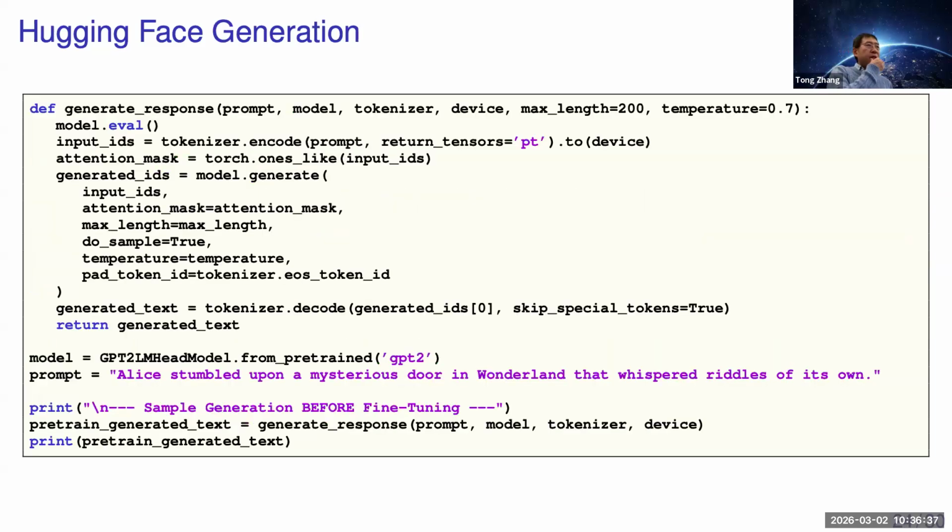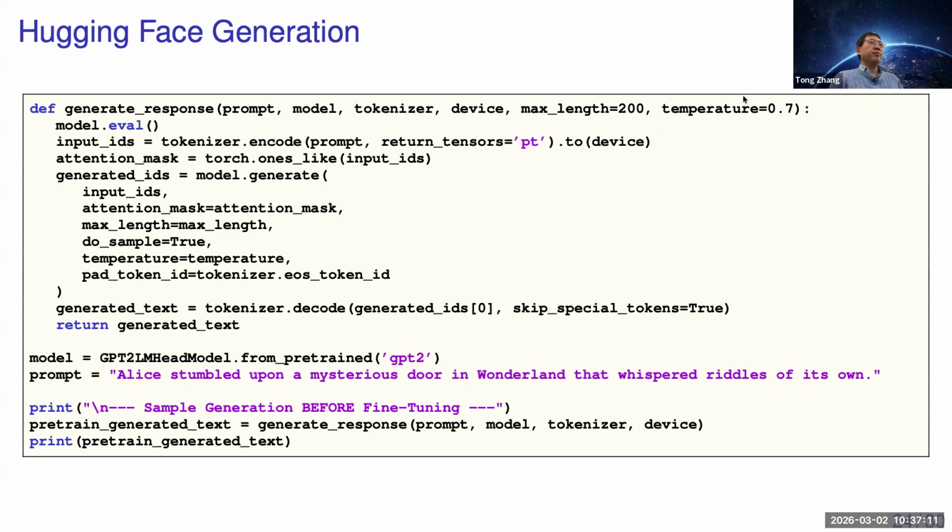And the generate response, we saw this before. It's the same thing, so we will quickly go through it. Essentially, it is one by one generation, with model generate. You have this GPT-2 model, you have input IDs and attention mask, and you do sampling, and there's temperature.